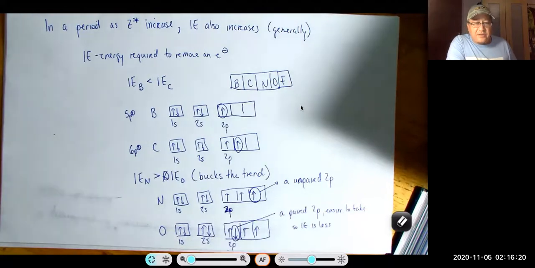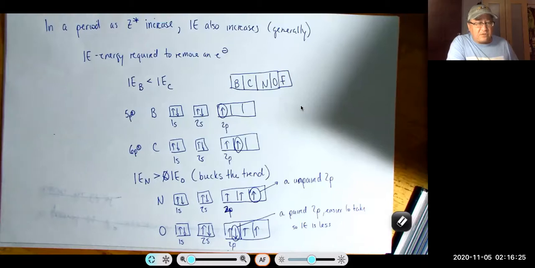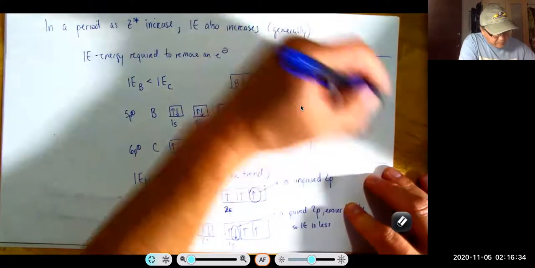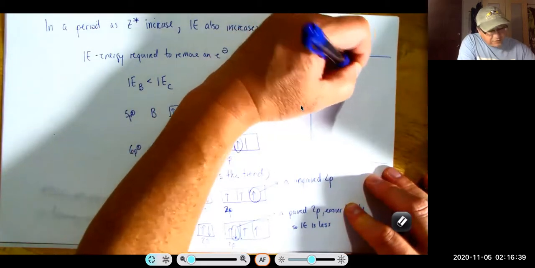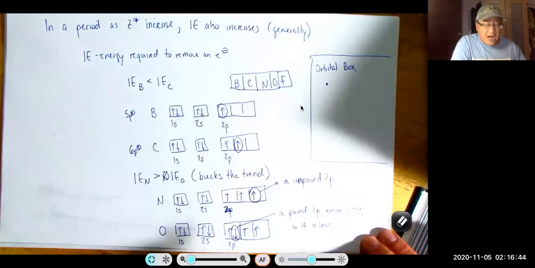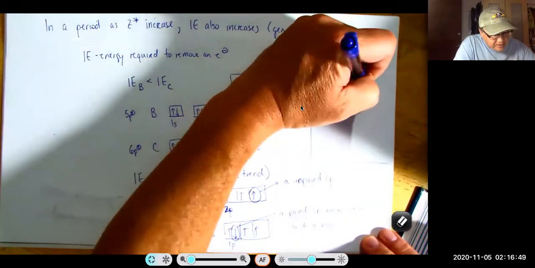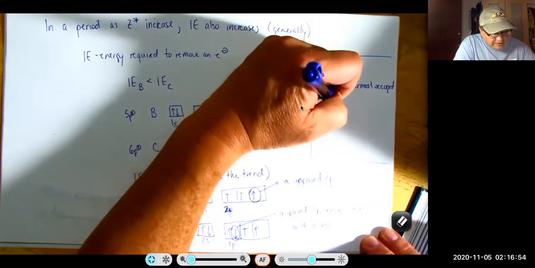So here, how can we tell that this is a paired versus an unpaired? And the answer is you got to go with the orbital box diagram to see that. So if you write out the orbital box diagram, to see if there's a reason for the particular trend, first thing you want to do, once you write out the orbital box, you look at the outermost occupied shell.